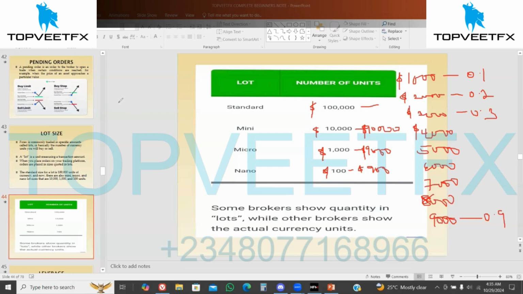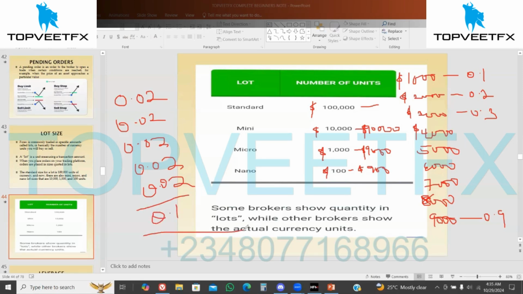You can as well just place on those 5 pairs that you love to trade a 0.02, a 0.02, a 0.02, a 0.02, a 0.02. So if you add all these together, 1, 2, 3, 4, 5, it will all amount to 0.1 lot size.